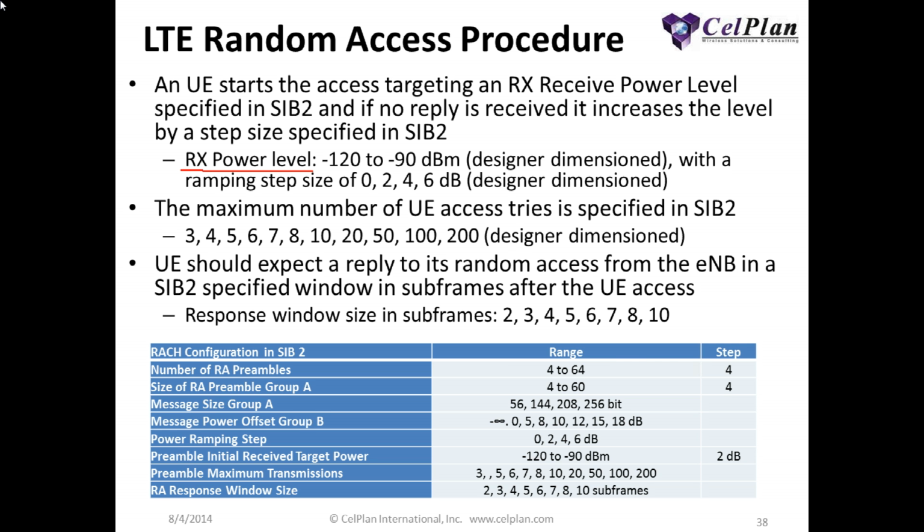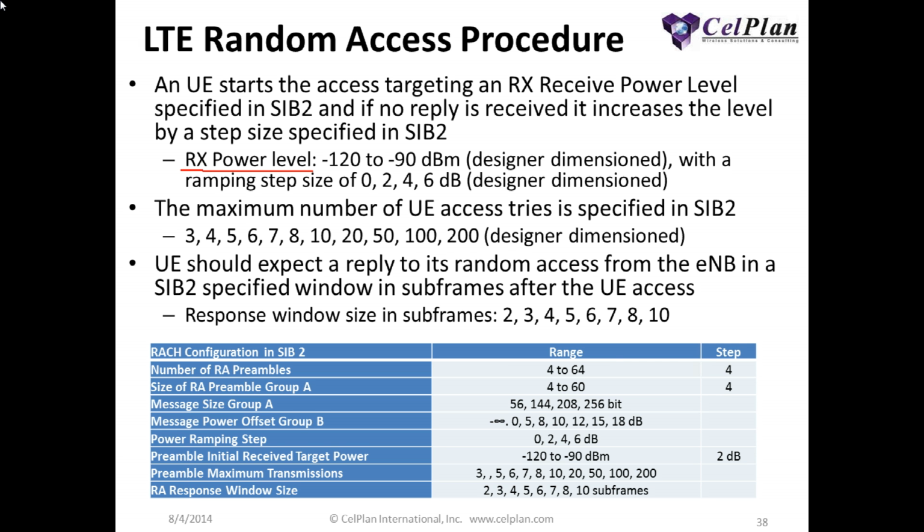Of course, each time that the UE tries to access, it has to wait for a reply that will come 4 subframes later, and so on and so on. So you don't want to have many trials, but also you don't want to saturate the eNB receiver. That will be disastrous. So basically we can do several tries, and the maximum number of tries is also specified in a very large range.